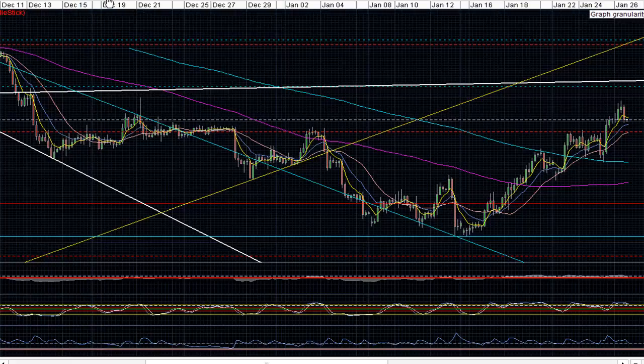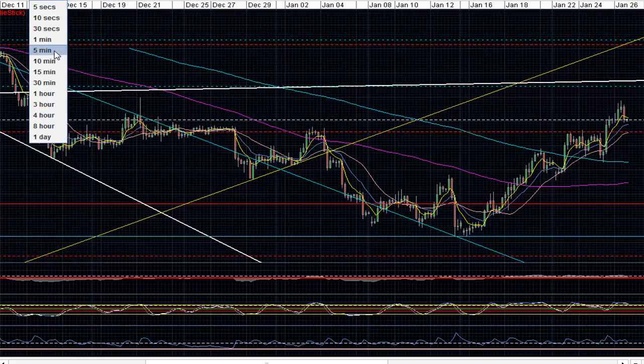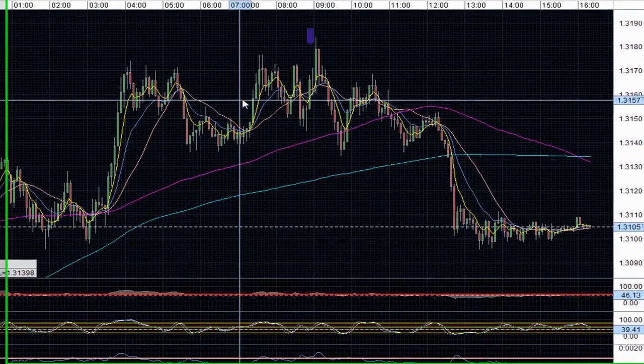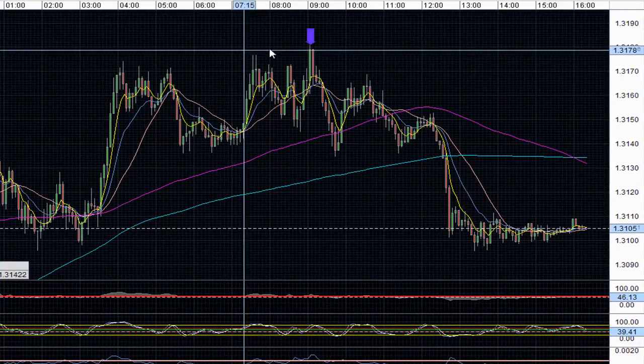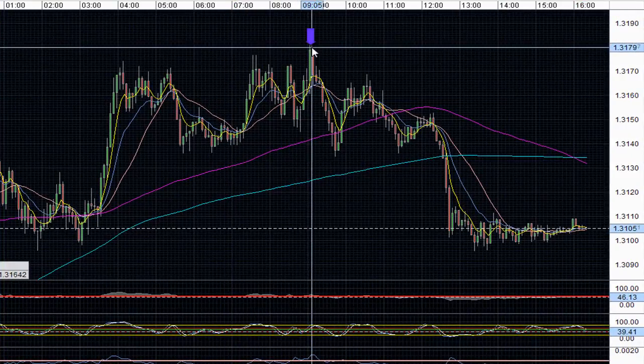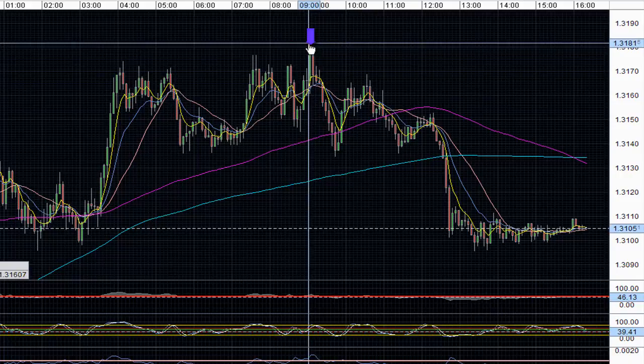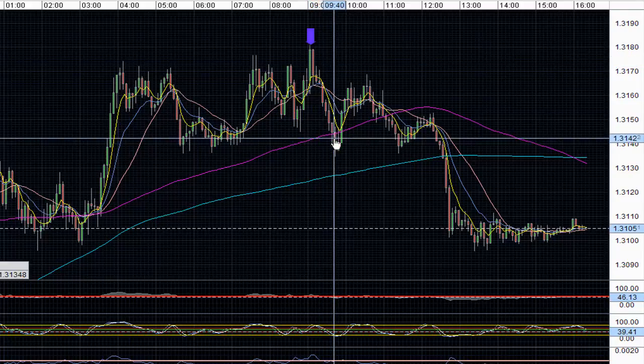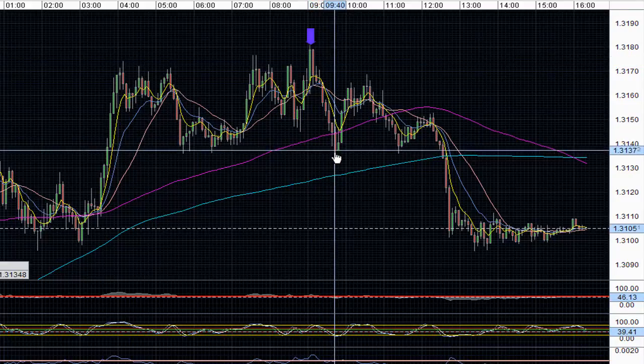So then let me go back to our 5-minute chart. If you were in front of your monitor and looking for an opportunity to go short, you could have done it at this resistance here at 31.84, and you could have closed your trade out once it reached this support at 31.36.